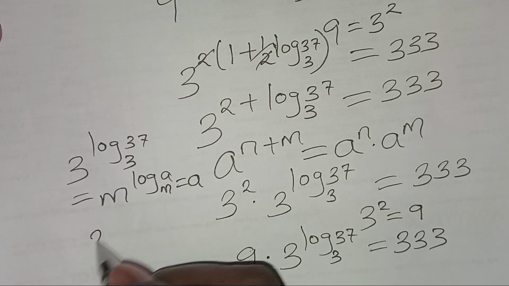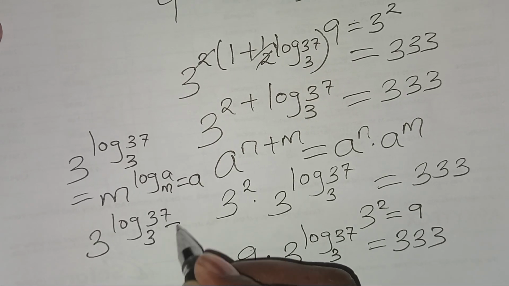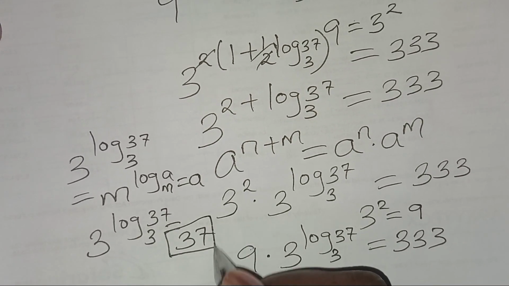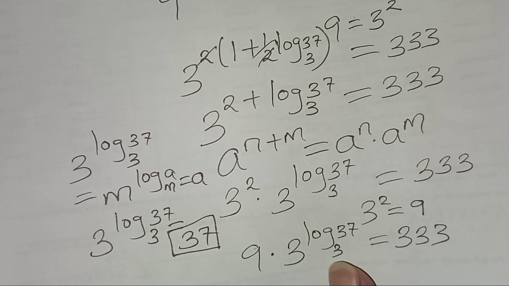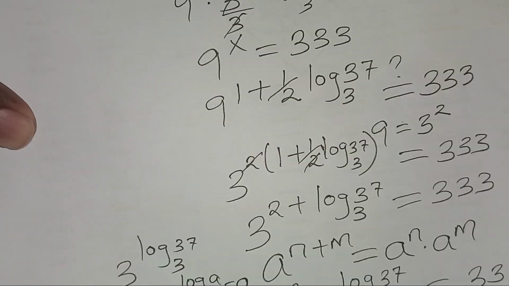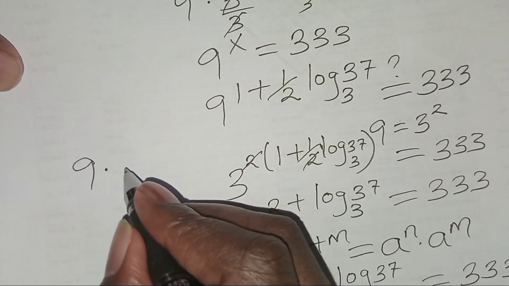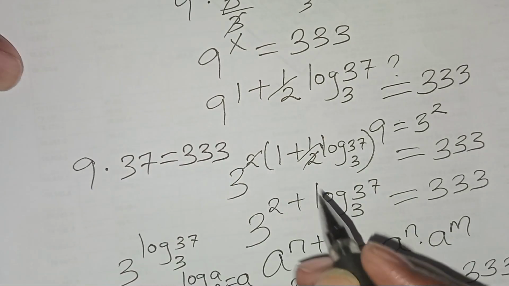So that means that 3 to the power log 37 to base 3 is supposed to give us a value of 37. So let's substitute this value here. So here we have 9 times 37. This should give us a value of 333.